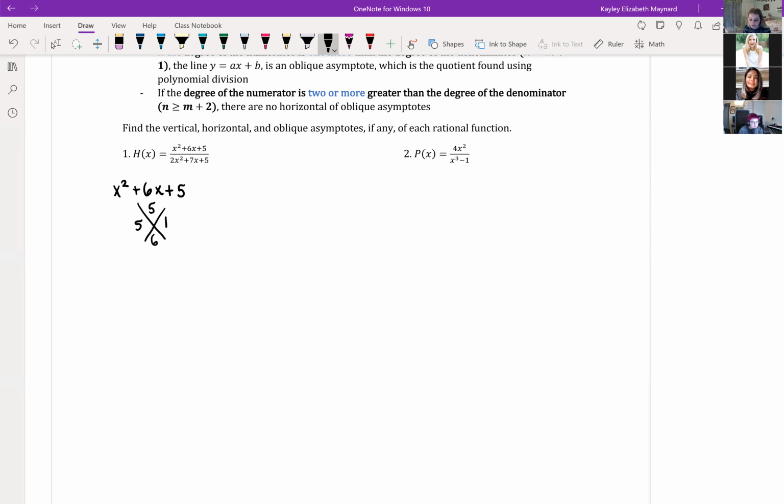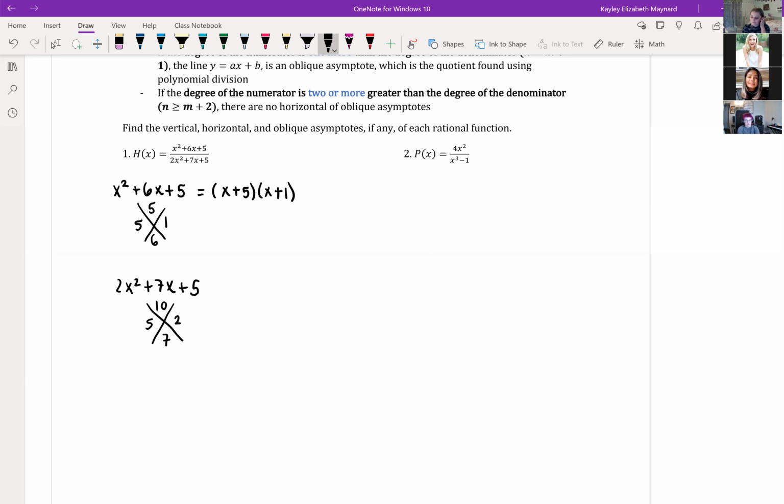So I know that this factors into x plus 5 times x plus 1. And the next thing I need to do is factor the denominator, which is 2x squared plus 7x plus 5. Using my little x method again, the thing I was taught and I've never left behind.